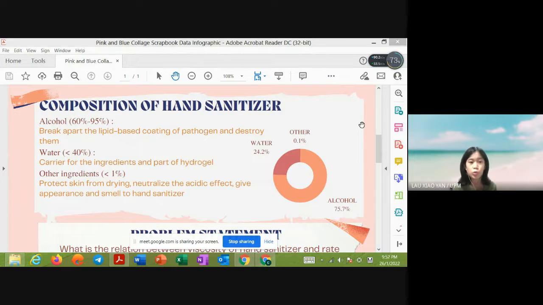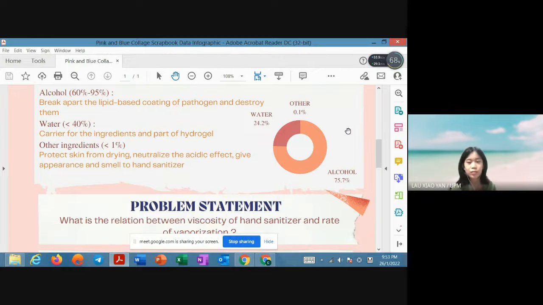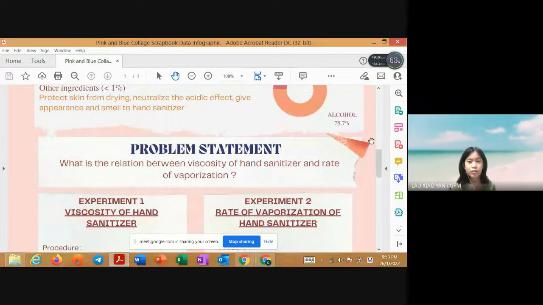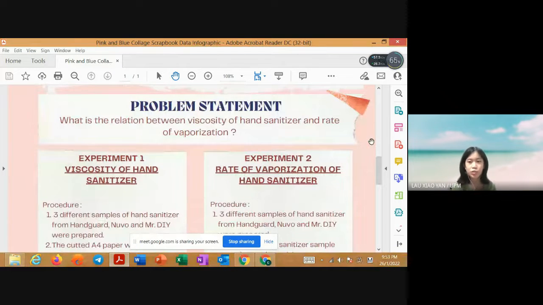Water is used to carry the ingredients and as part of the hydrogel, whereas the other ingredients are the least, less than 1%. The other ingredients are used to protect skin from drying, neutralize the acidic effect, and give appearance and smell to the hand sanitizer. Next, I'll pass to Umi.